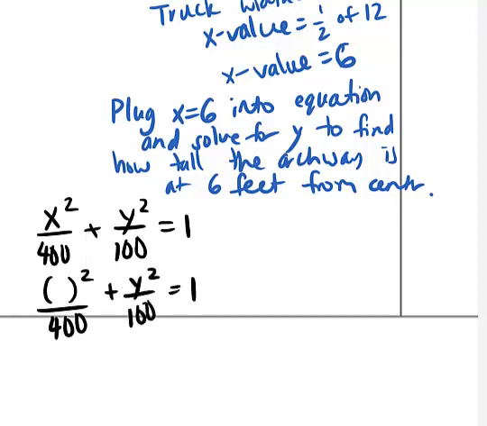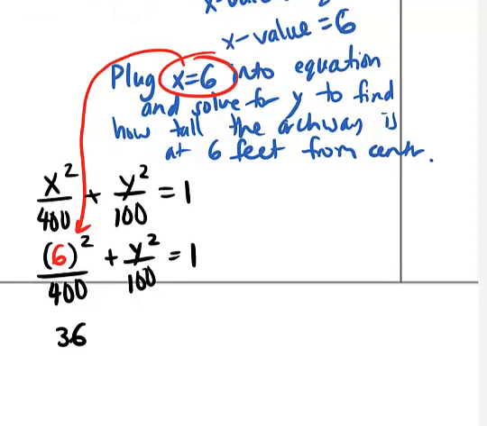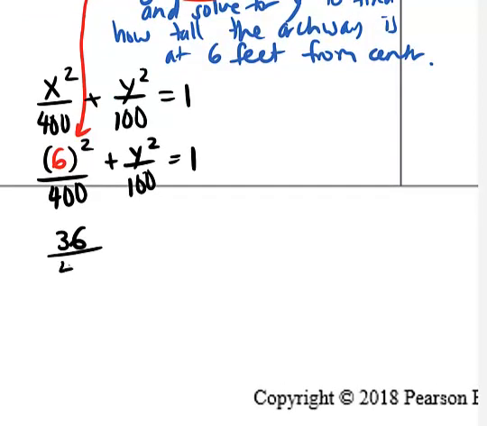Okay. X equals 6. Here we go. That's 36, because 6 squared is 36, over 400 plus Y squared over 100 equals 1. And then I want to solve that for Y. Let's see, what's 36 divided by 400?